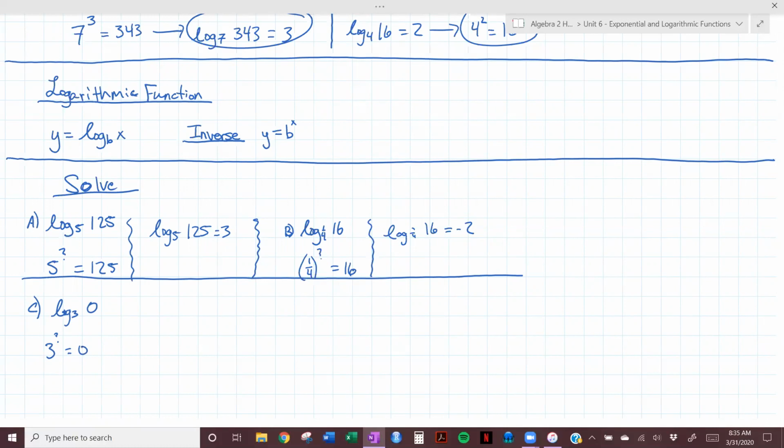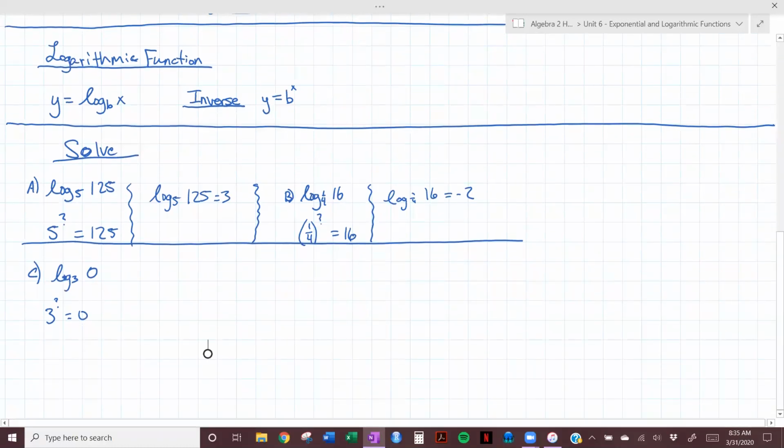So there is no such power that will give us 0. So log base 3 of 0 is undefined. If you try to take a base to an exponent to get 0, it is undefined.